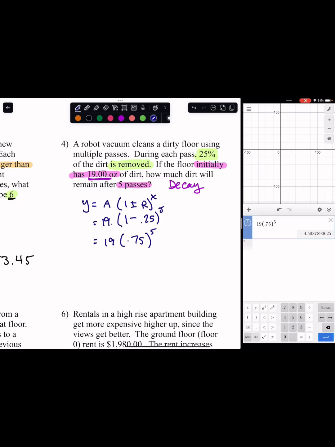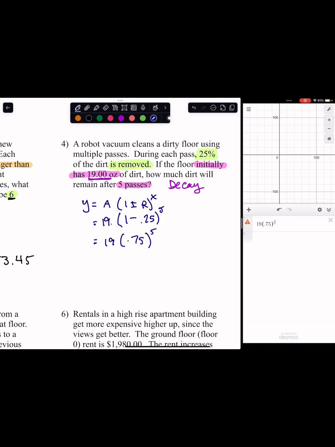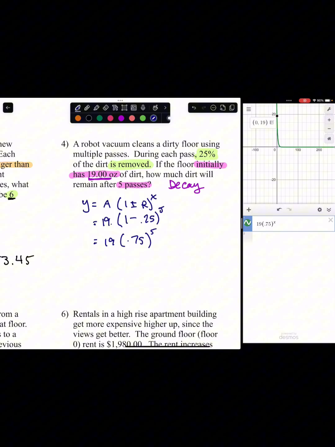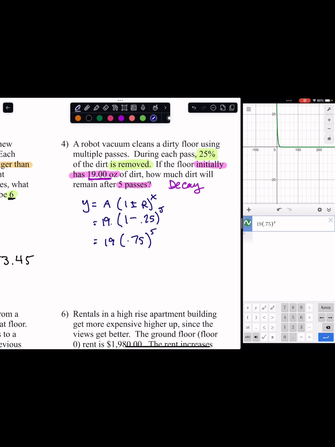But let's say I took that 5 off and put the X up there. You will see it'll cross at 19. Just to remind you, that is your y-intercept all the time. But once we put a number in for X, it'll actually give us a calculation that we're looking for.